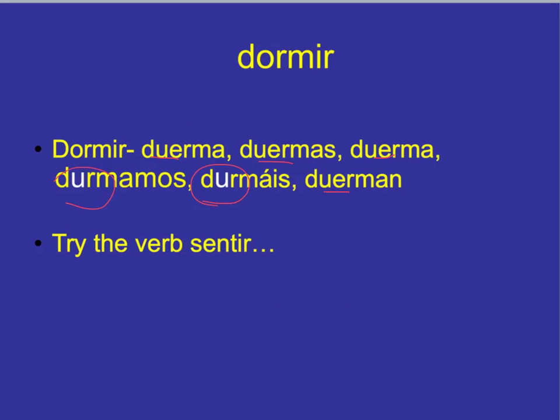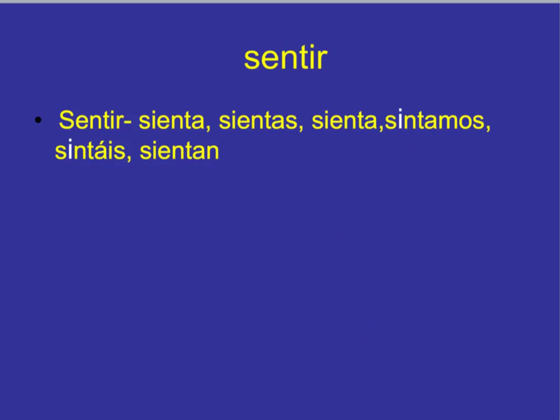Notice in the nosotros and the vosotros that it went O to U. Sentir is another one of these. It goes E to IE normally, and then in the nosotros and vosotros, it's going to make the other change. It's going to go E to I. Notice our sentir. Here's our stem change. And then here's in the nosotros and vosotros where it makes an additional stem change.